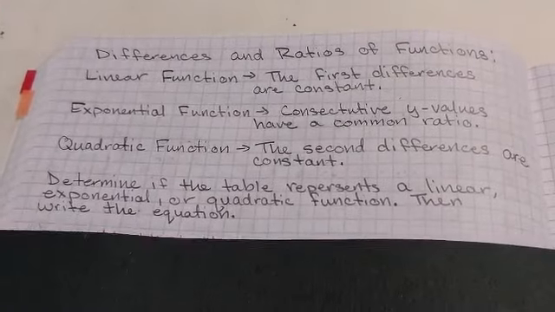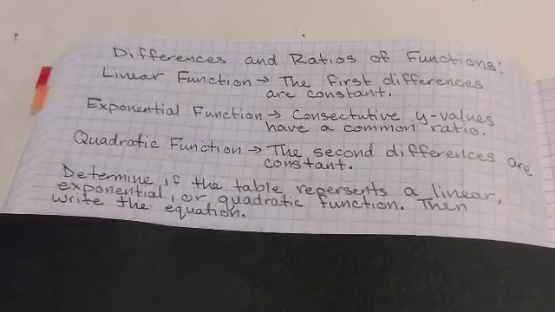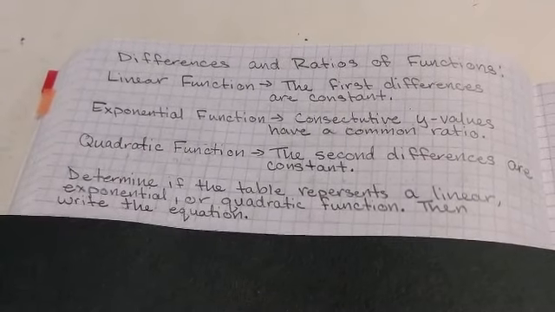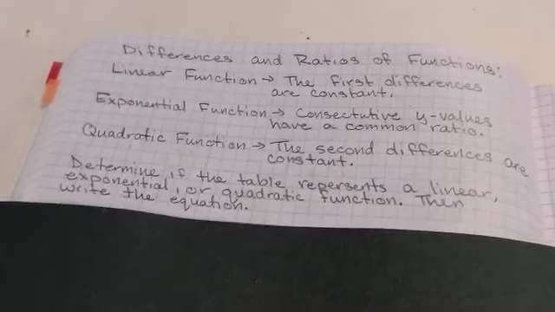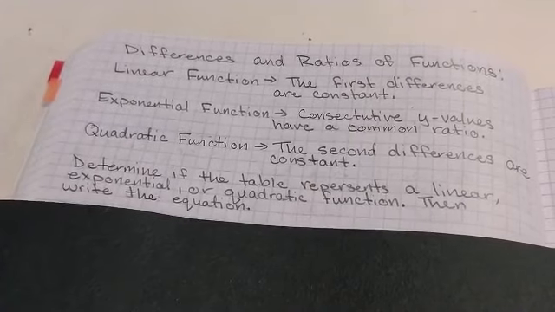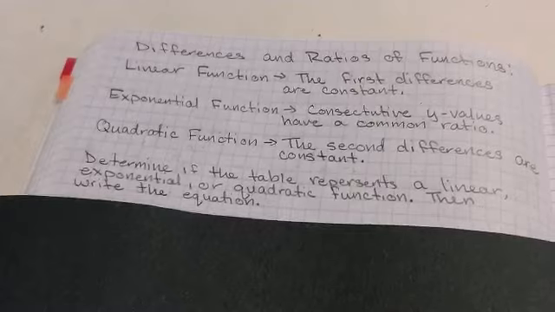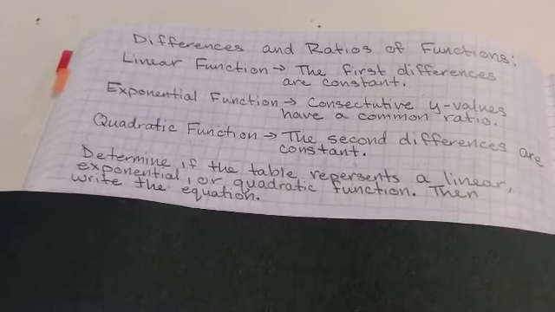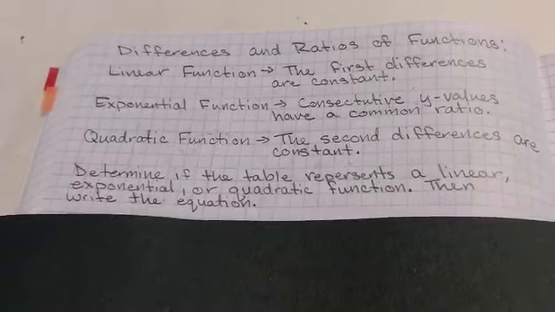So determine if the table represents a linear, exponential, or quadratic function, then write the equation. Now I did use some colors on this, so if you have your own colors, you can get them out and use them. I used a total of 3 colors besides my pencil in these problems.